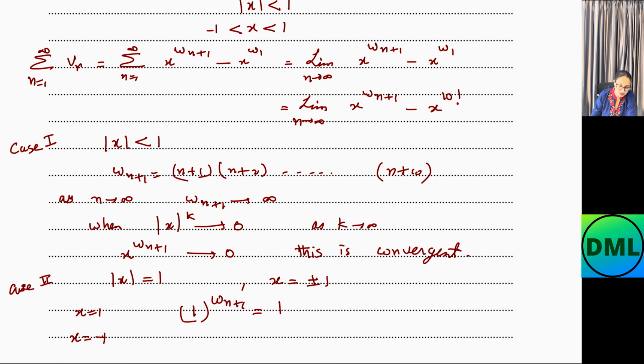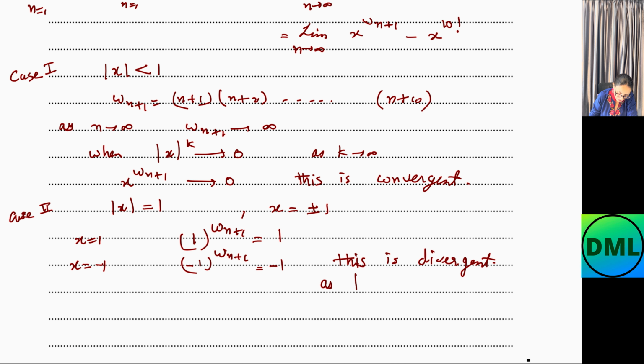When we take x is equal to minus 1 raised to the power wn plus 1, if you give any power to negative 1, the value will be plus or minus 1. As they tend to 1 and minus 1, that means this is divergent. They don't turn to 0. Let's write down here: this is divergent as they do not tend to 0.